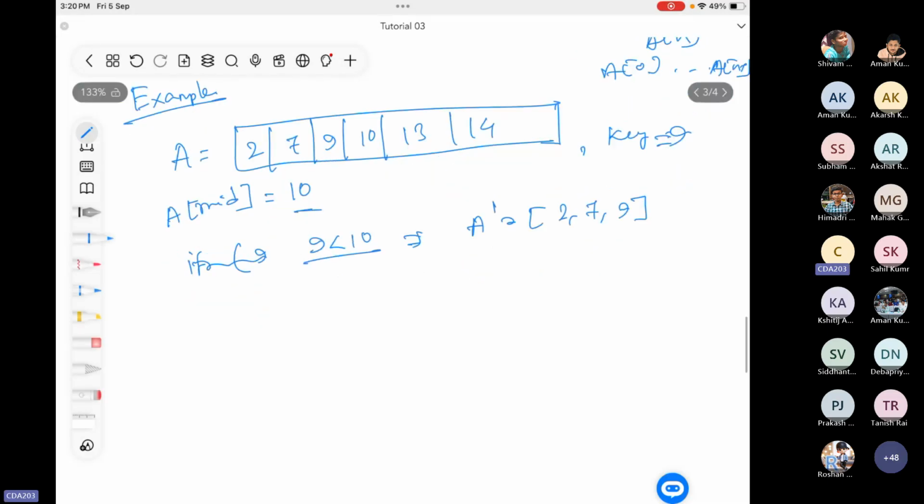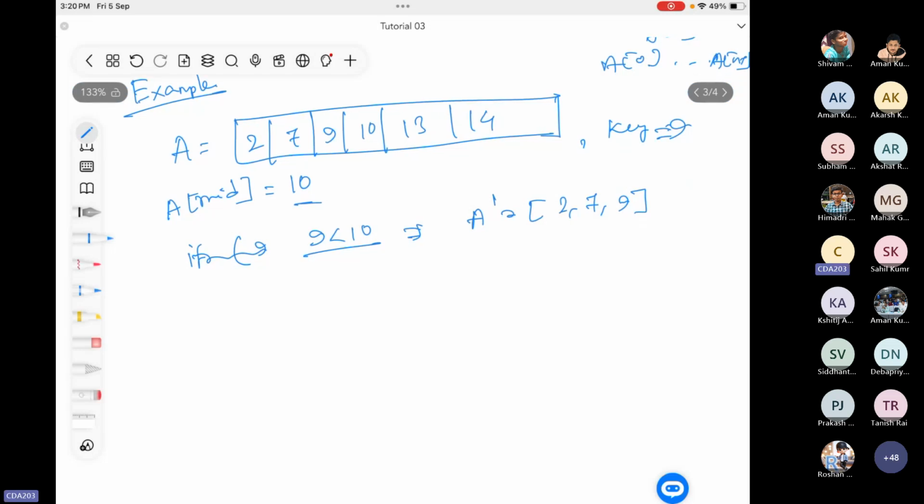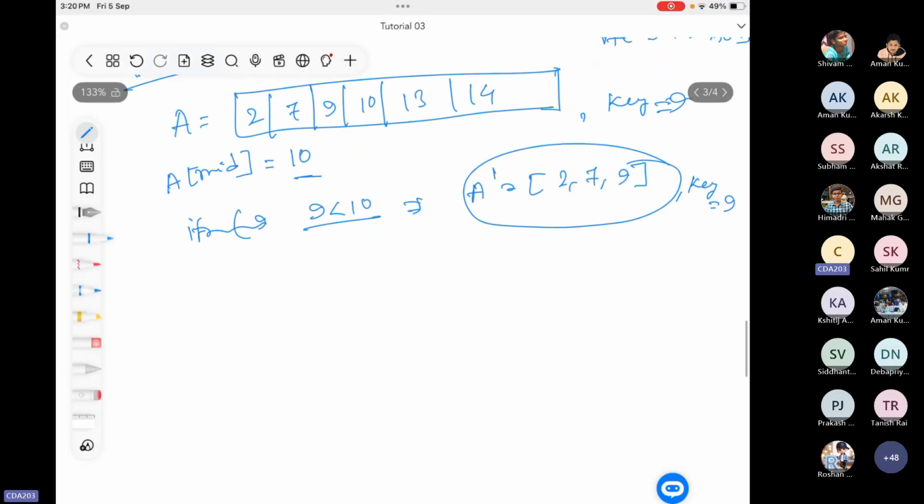Now this is where you need to search, or you need to go for the second step or second iteration, and your key is again 9. This is a 3 element array, the middle element is 7, so the array mid is 7.